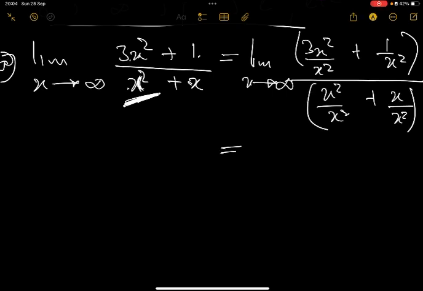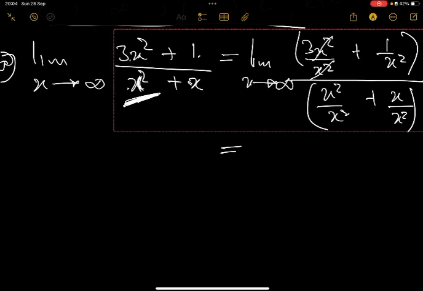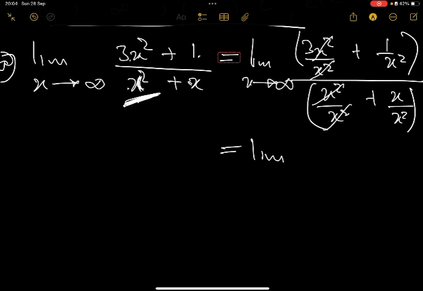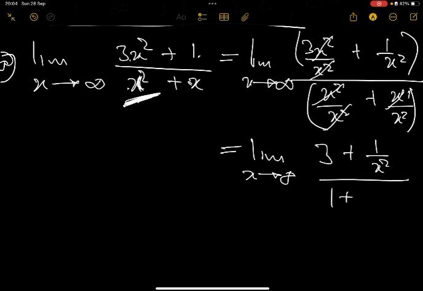So we cancel here and here. Then you're left with 3 plus 1 over x squared over 1 plus, here we're left with 1 over x only.